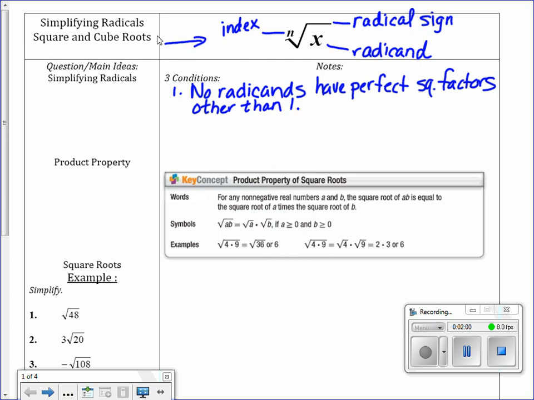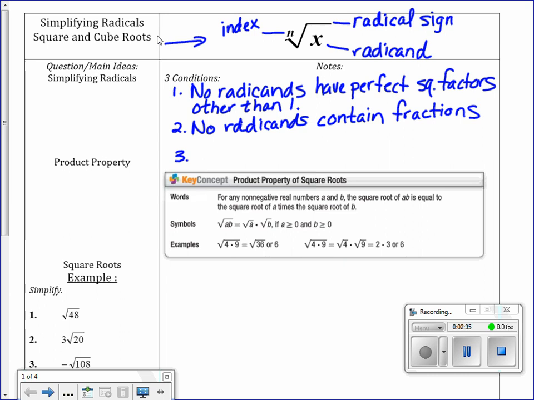The second one is no radicands contain fractions. And this will all be explained as we go through the notes. But I'm just letting you know up front what we need to do in order to simplify radicals.